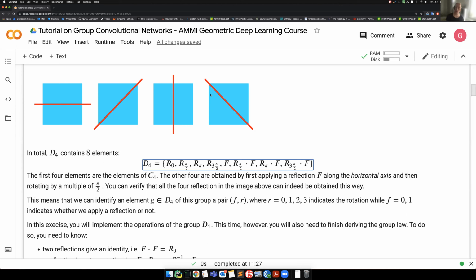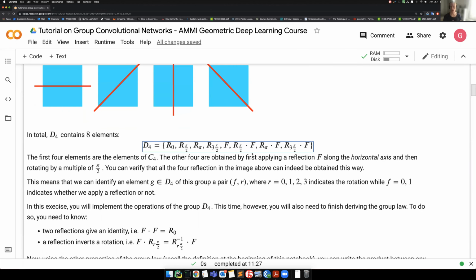It doesn't matter which reflection axis you take, because the group is going to be still the same. The equations, the definition of the group elements, are going to be the same regardless of where the reflection F happens.